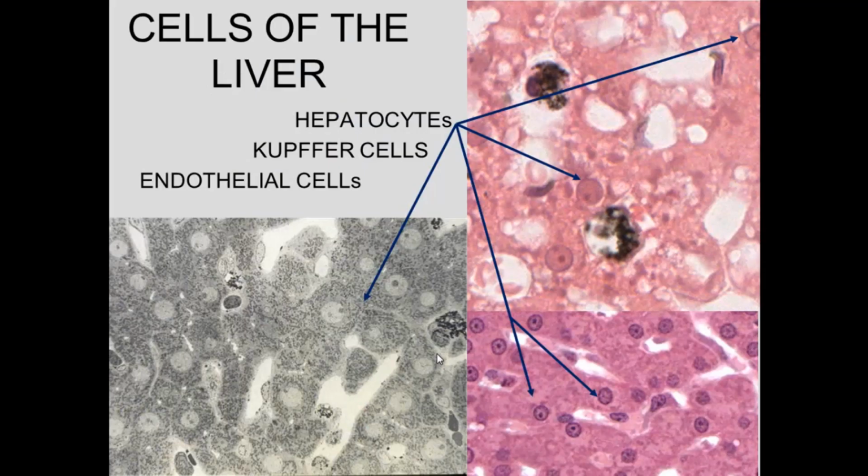If we look at the different cells that are there, the main parenchymal cell is the hepatocyte. You can see its nucleus, and there's the limits of the cell with lots of mitochondria in there that we can see as the dots in this electron micrograph. You can see sinuses in through there, and also you can see these little white spots here. That's the bile canaliculus.